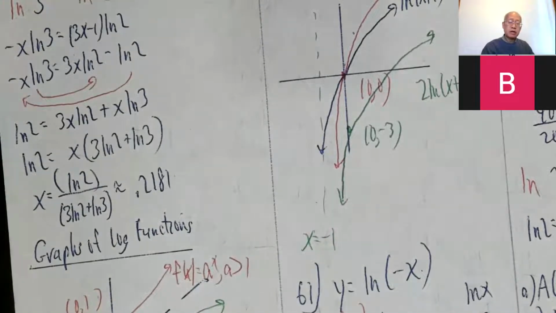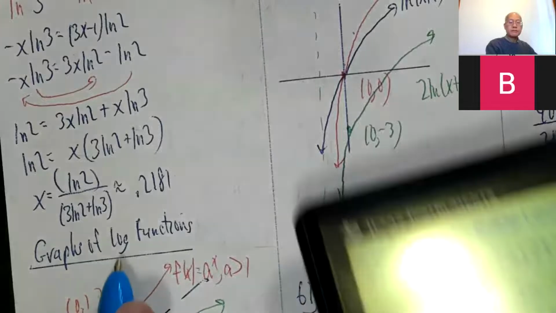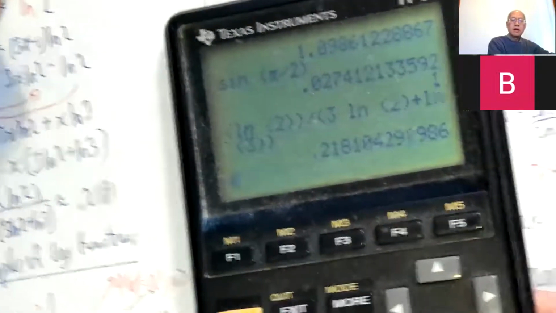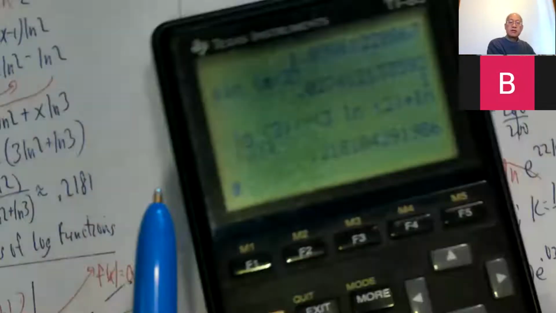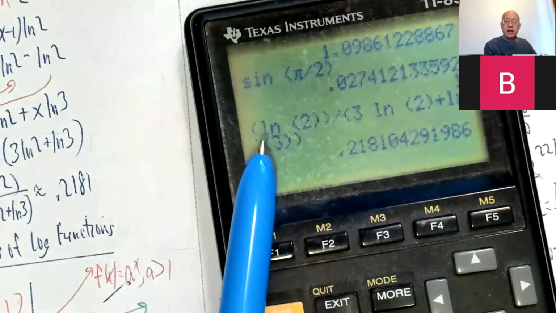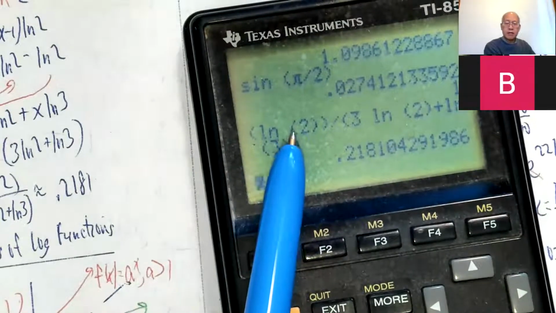I'll type it assuming those of you that have a calculator that automatically pops up with the left paren, how you folks would type that in. So divided by parentheses 3 ln 2 plus ln 3. And it's 0.2181. Oops. Doesn't want to focus for me. Okay, if you have a calculator where you hit ln, it automatically gives you the left parenthesis, right?